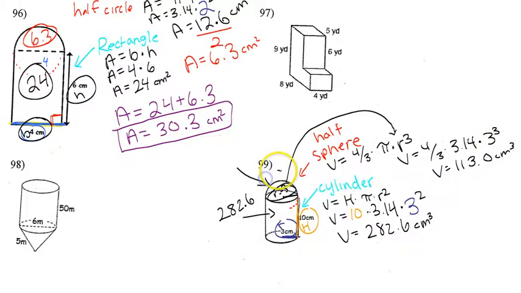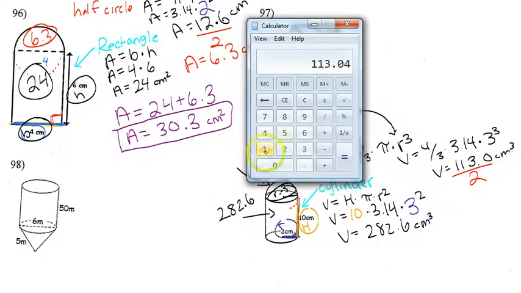So the volume of that half sphere, or excuse me, the volume of an entire sphere is 113. But we're not working with an entire sphere, we're only working with half of a sphere. So we're going to take our volume and divide it by 2. So 113 divided by 2 is going to give us 56.5.